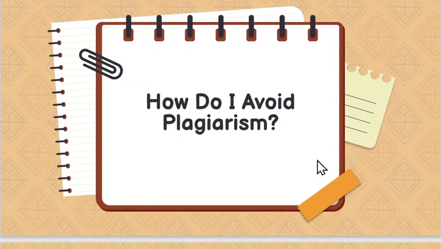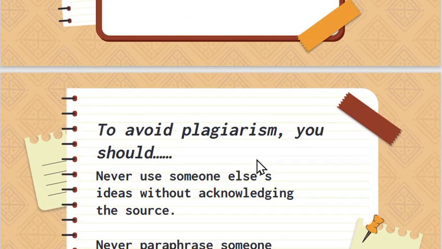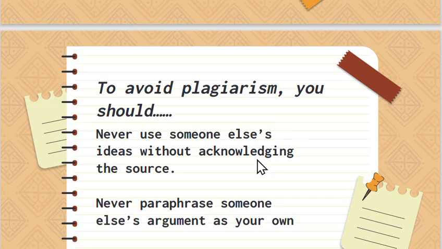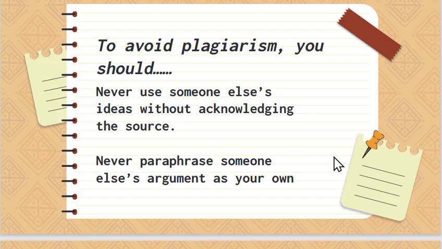Now, how do I avoid plagiarism? As a researcher, you have to avoid plagiarism. To avoid plagiarism, you should never use someone else's ideas without acknowledging the source. Try as much as possible to mention the author of the source.